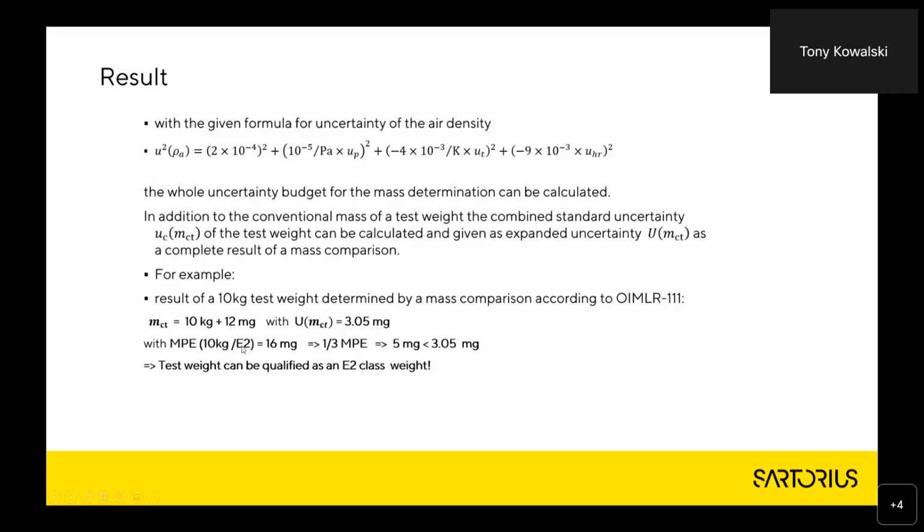And when we look in the table, the 10 kilogram E2 weight has a tolerance or maximum permissible error of 16, and a third of that is 5, and we reached an uncertainty in the whole process of 3.05 milligrams, which means this comparator has been successful in proving it can calibrate a 10 kilogram E2 weight, because the maximum uncertainty in the whole process is 5, and we reached 3.05.